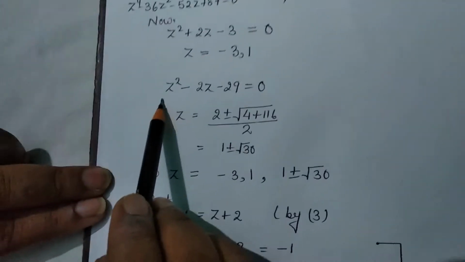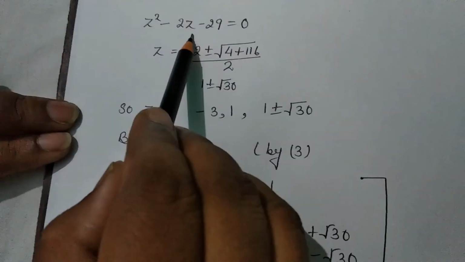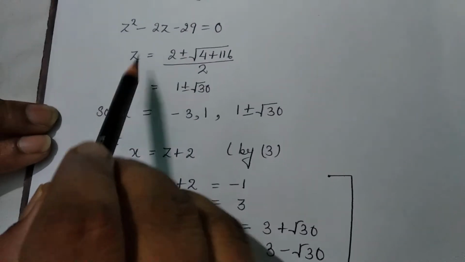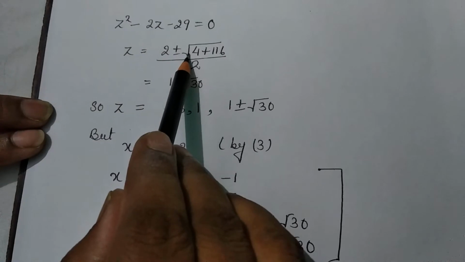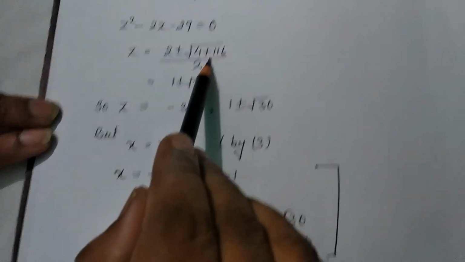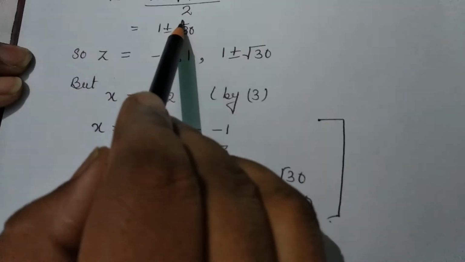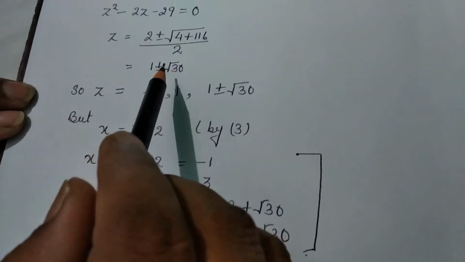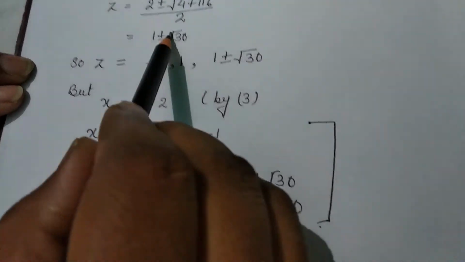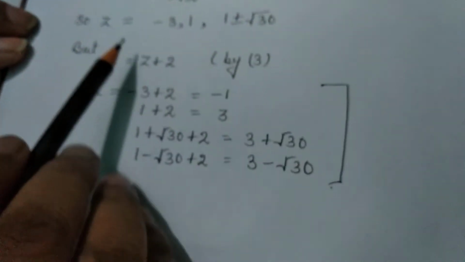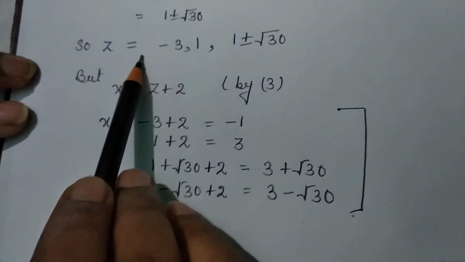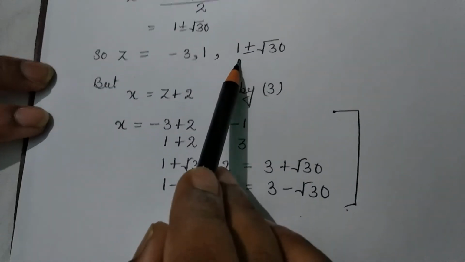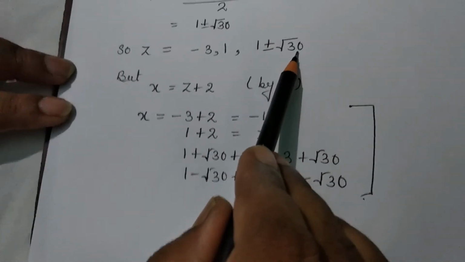Next, on solving the quadratic z square minus 2z minus 29, the value of z is 2 plus minus under root 4 plus 116 by 2. So on taking 2 common, we'll give 1 plus minus under root 30. Now we have 4 values of z, that is minus 3, 1, 1 plus minus under root 30.